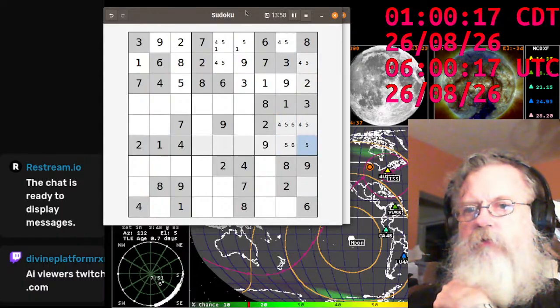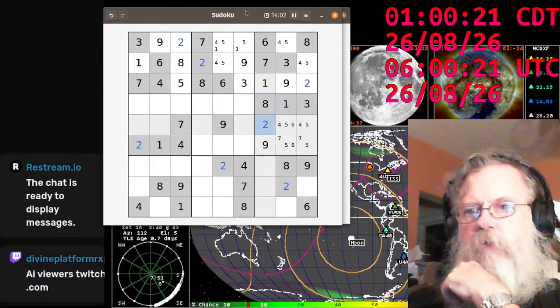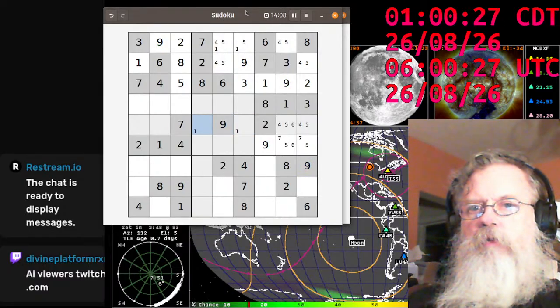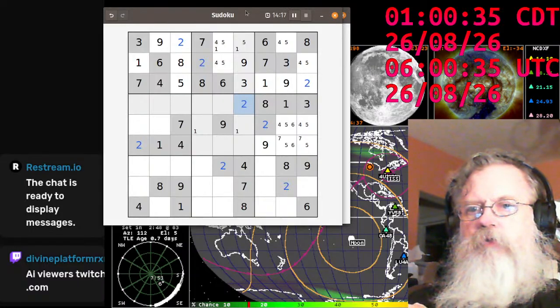One of these two is a 7. 8 and 9. So here, one of these two is a 1. And one of these, 1 is a 2. 3. These are blocked, these are blocked. One of these two is a 3.